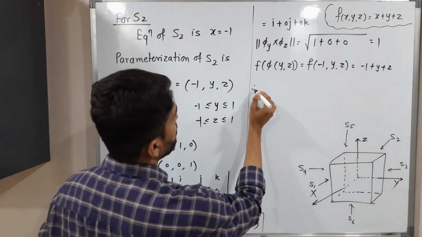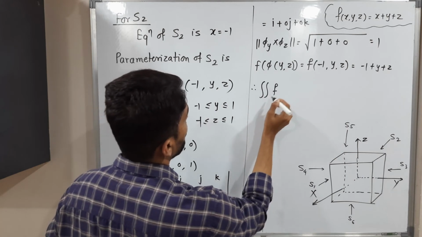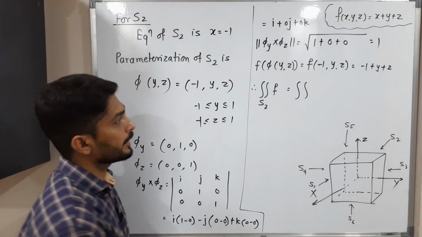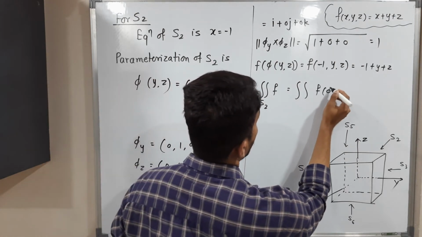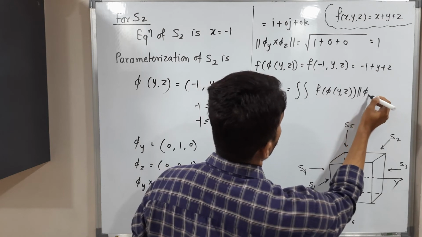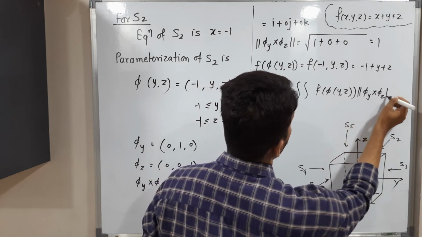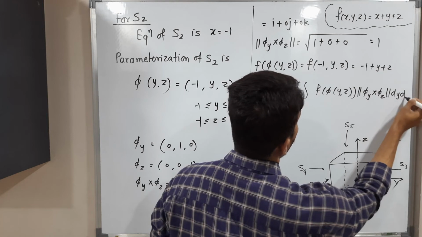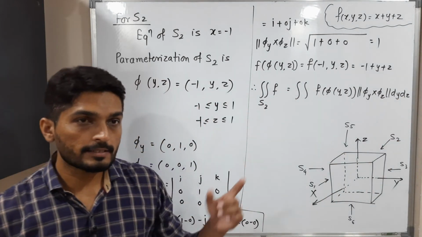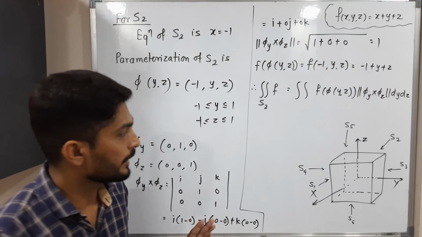Now I will follow the definition. So therefore the double integration of f over S2, the definition says, is the double integration of f of phi of yz, norm of phi y cross phi z, dy dz. I should write limits of y and z here since we have parameters y and z.